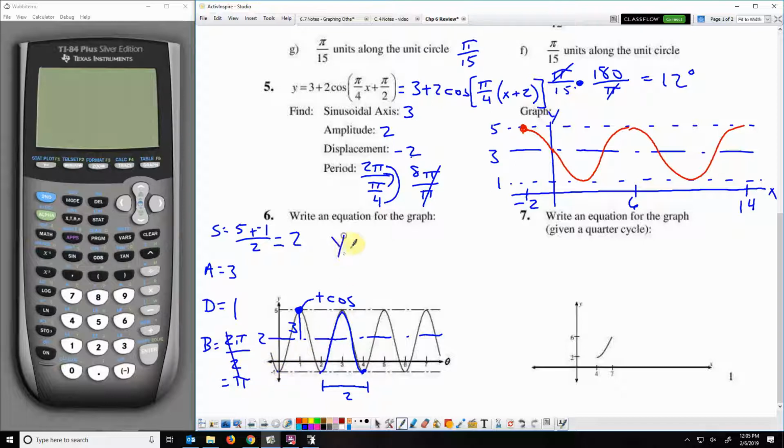So my equation is y equals the sinusoidal axis, and it's positive cosine, so plus amplitude cosine brackets, then my b, 2 times theta, and I'm not using an x because this right here is a theta. I want to use theta. Displacement is 1, so minus 1. And there is my equation.